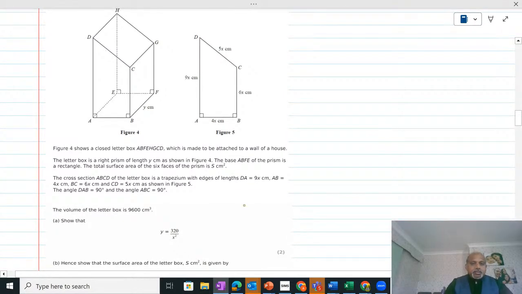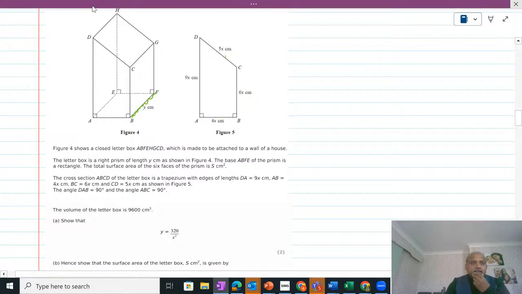This is a letter box which they put in front of the house, where the postman comes and puts the letter. Figure 4 shows a closed letter box ABFEHGCD, which is made to be attached to a wall, and these are the measurements given: 9x, 6x, 5x, and 4x, and the length is given as y.